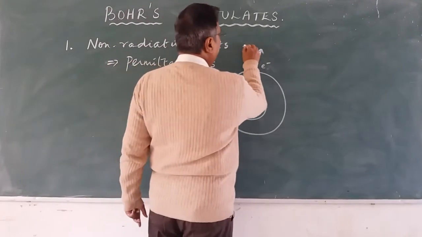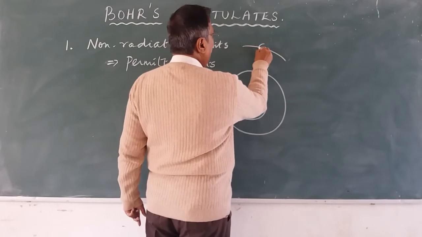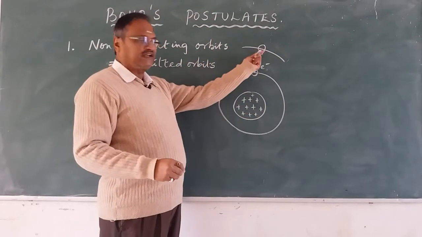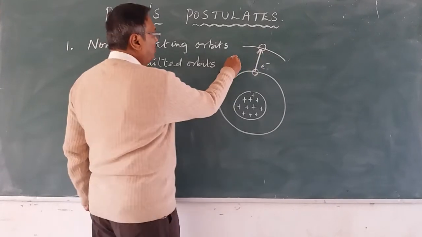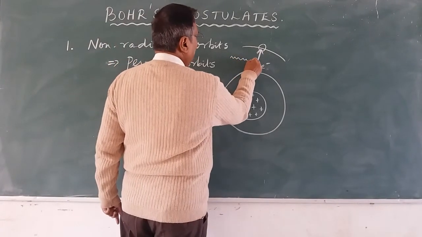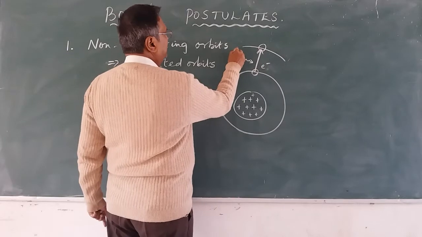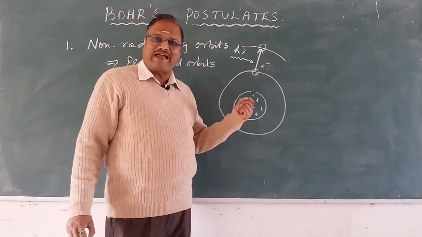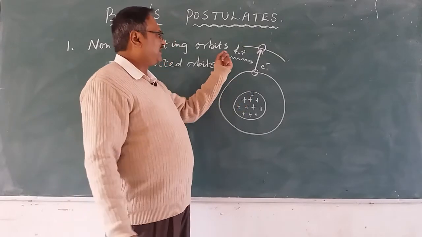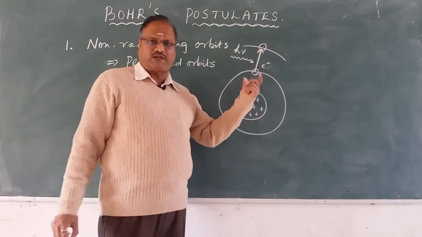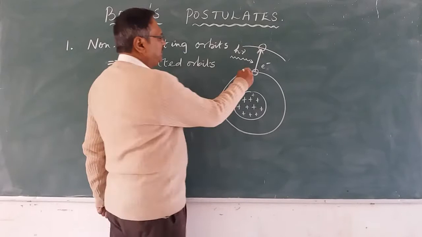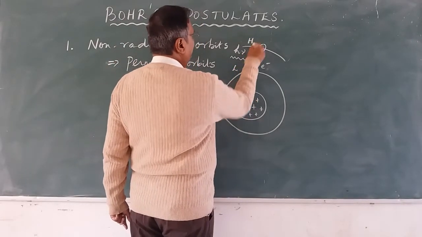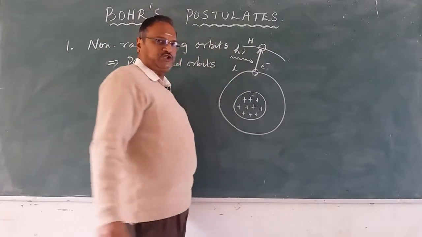Now if it goes to a higher energy level, how can the electron go to the higher energy level? It will absorb energy, in terms of h nu. h nu is Planck's quantum equation, right? Planck's quantum theory. So if it goes from a lower orbit to a higher orbit, it will absorb energy.